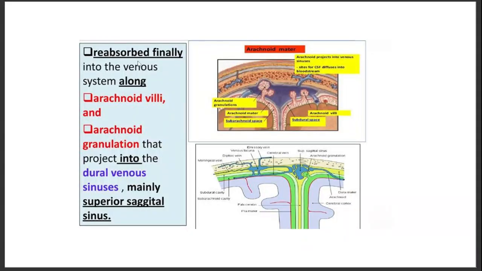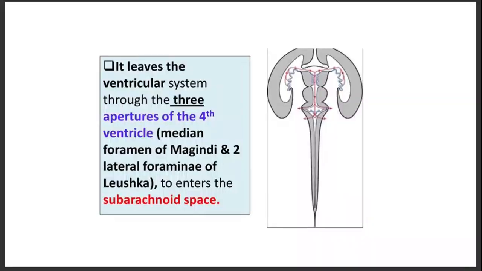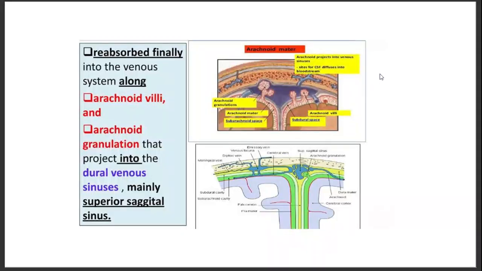Once it enters the subarachnoid space, the cerebrospinal fluid is reabsorbed into the venous system. Where is it reabsorbed? It is at the arachnoid villi and arachnoid granulations that project into the dural venous sinuses, mainly the superior sagittal sinus. So look at this: cerebrospinal fluid flowed through all this ventricular system, then came out and entered the subarachnoid space.